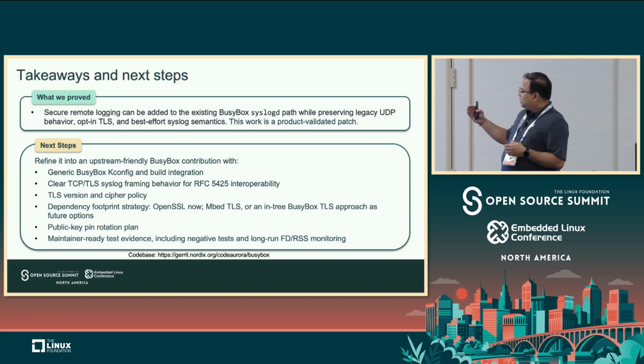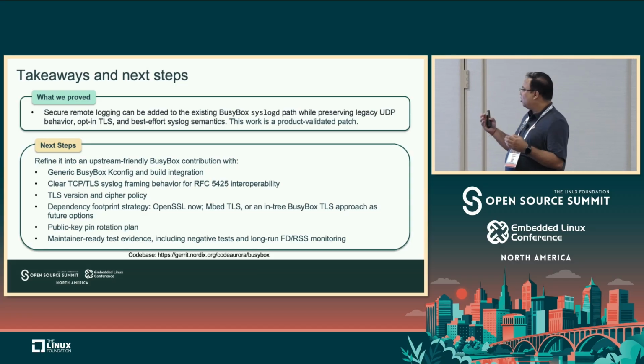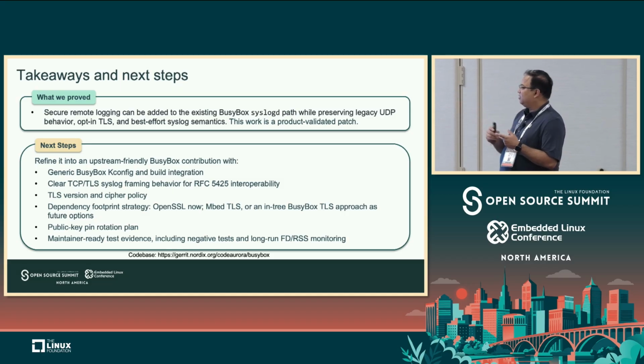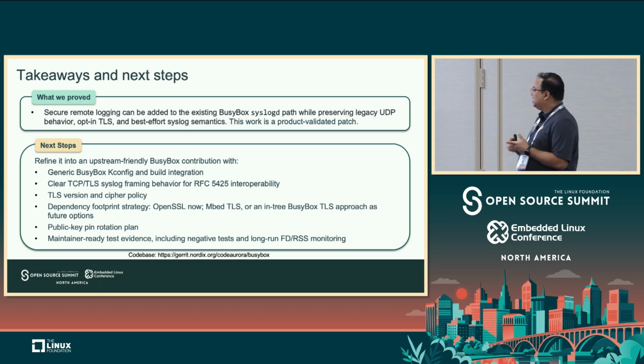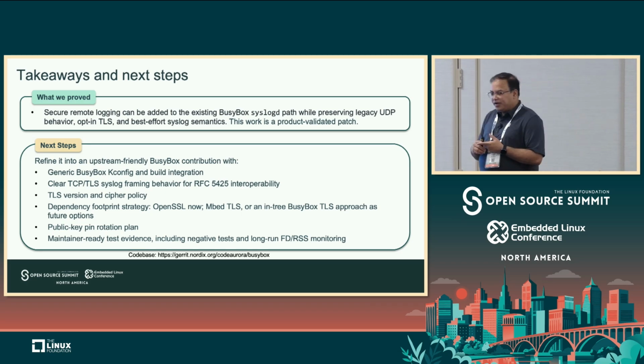Going to the next steps, we want to refine this into an upstream friendly BusyBox contribution. We plan to complete items like generating the BusyBox config using the standard Kconfig, as well as the build integration.